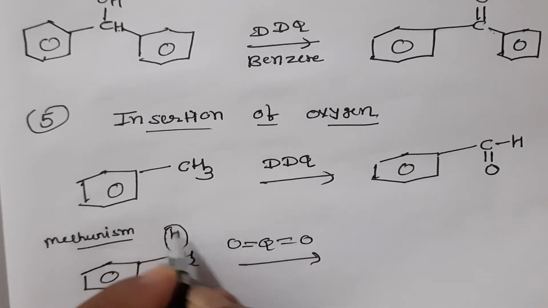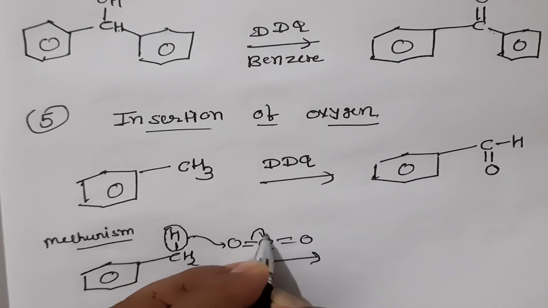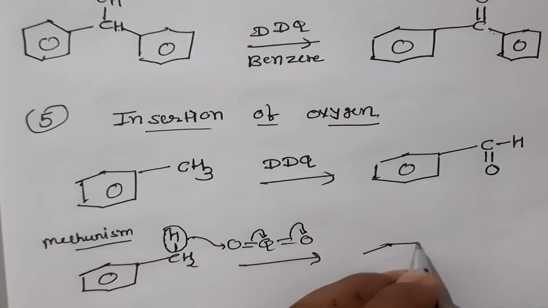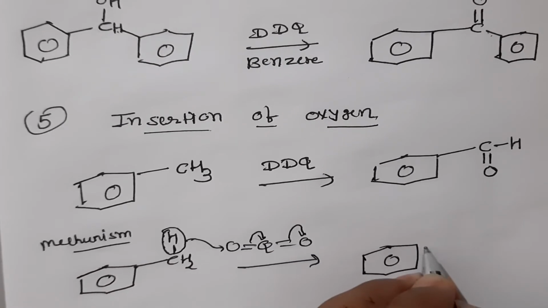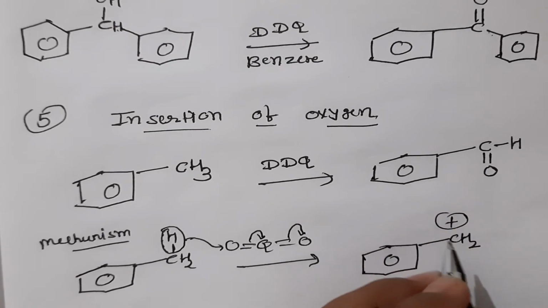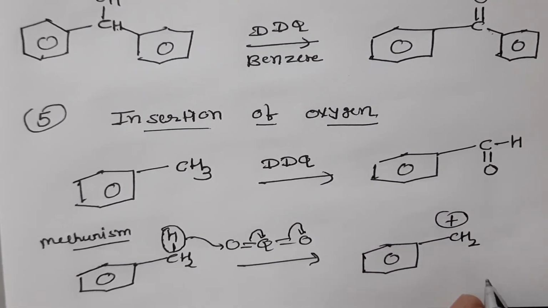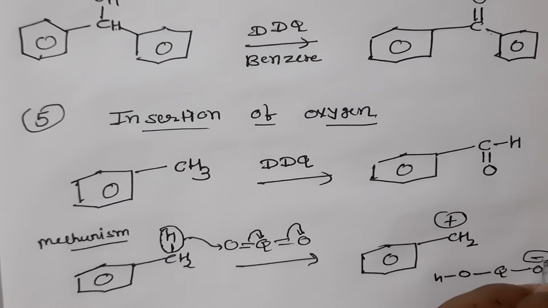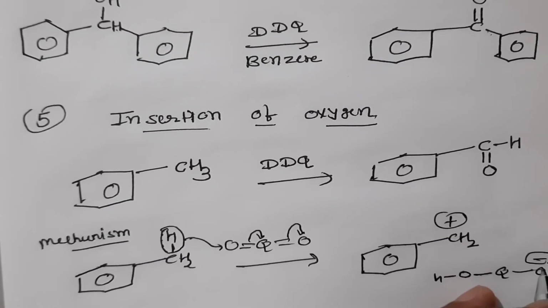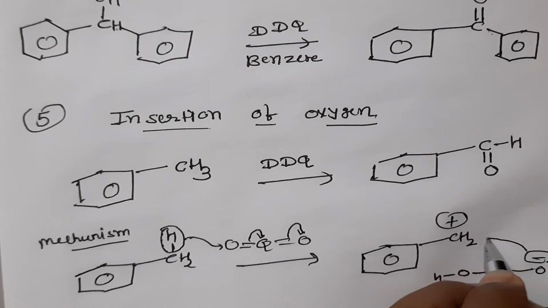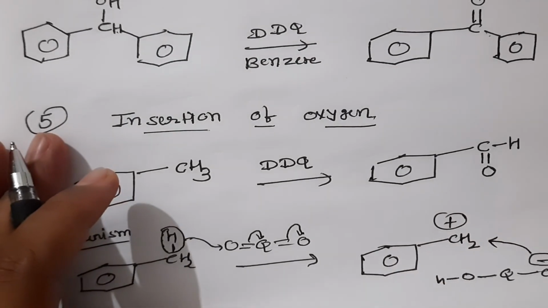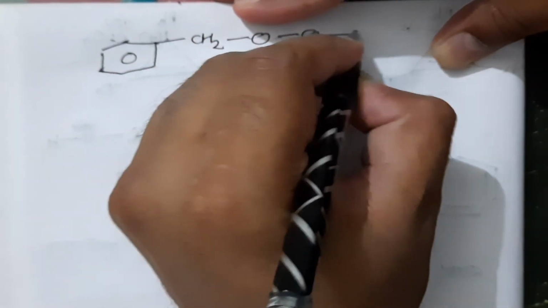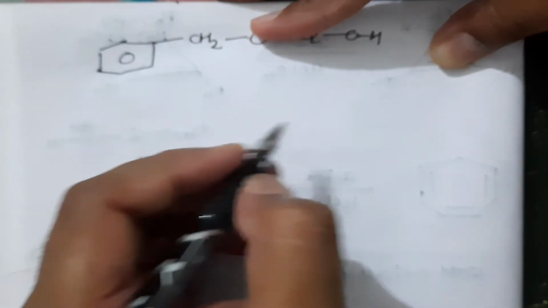So this H minus is abstracted here, this bond is shifted here, and again this bond is shifted here, and there is a formation of positive charge here, CH2 plus, and here OH Q O minus, and this O minus again makes a bond with this positive part, and we get here CH2 O Q OH like that.